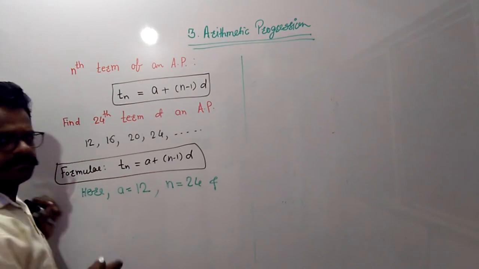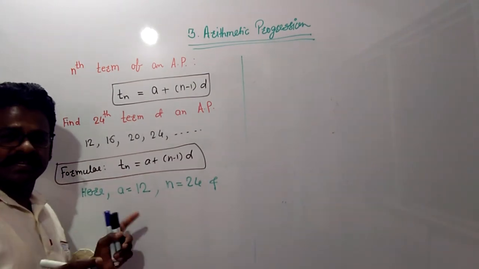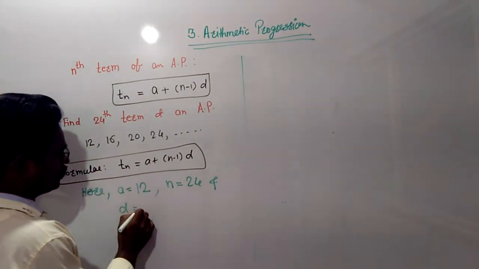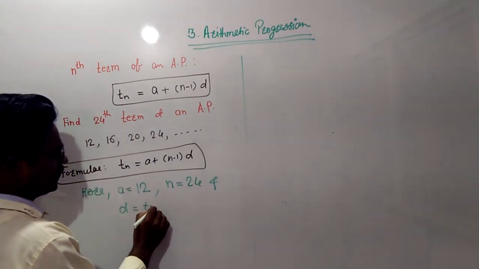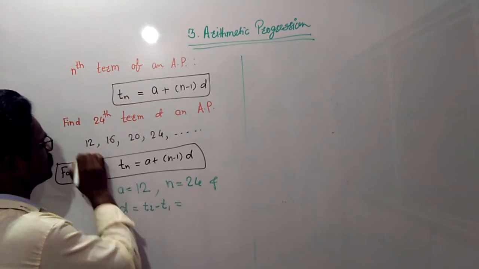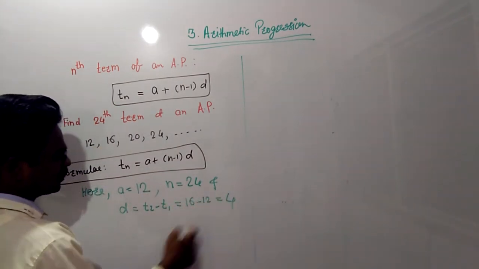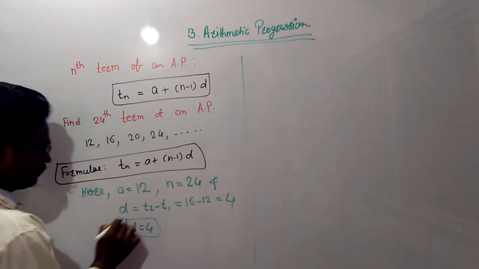And is d there? d is the difference between two consecutive terms, and we can easily find it. So d is equal to T2 minus T1, which is 16 minus 12, which is equal to 4. Therefore, d is equal to 4.